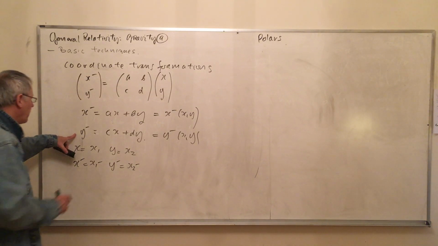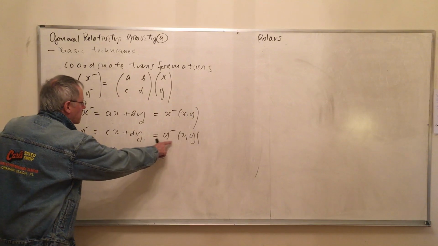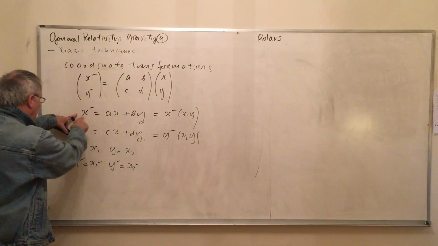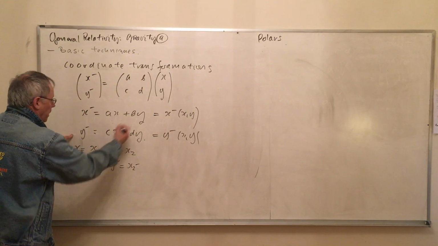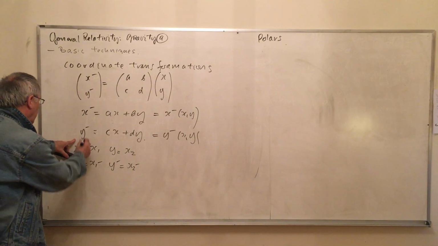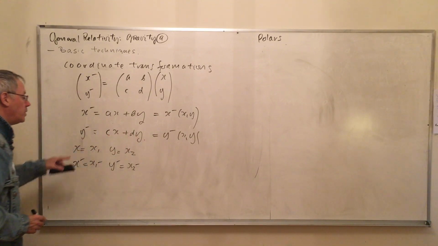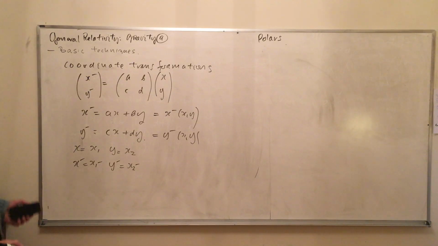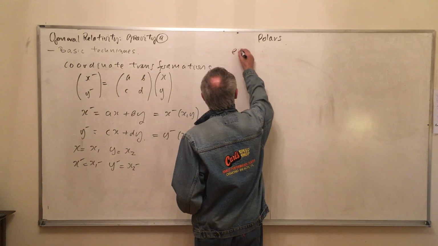So therefore these things are functions of the x's and the y's. X dash is a function of x and y. In this case here, it's just a linear one. Y dash has an x and a y in there too.